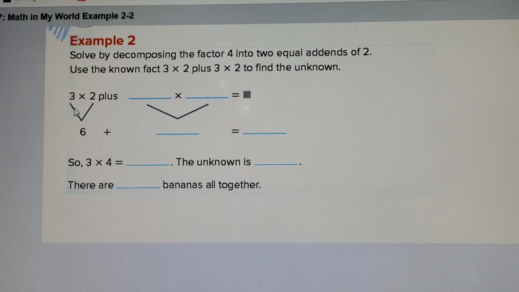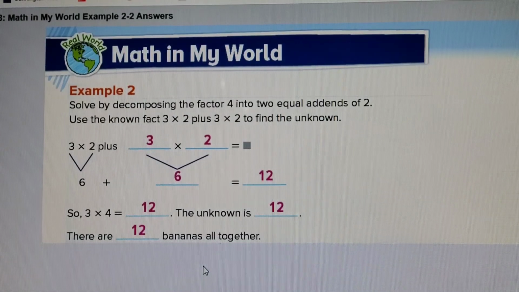So 3 times 2 equals 6, plus 3 times 2 equals unknown. 6 plus 6 equals 12. So 3 times 4 equals 12. The unknown is 12. There are 12 bananas altogether.